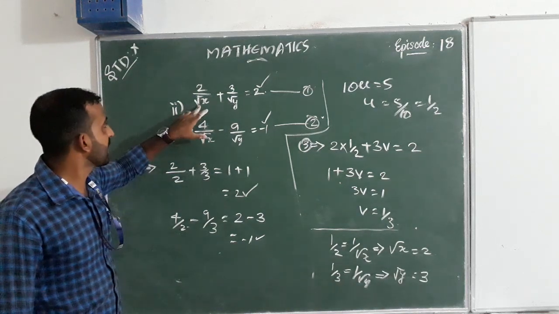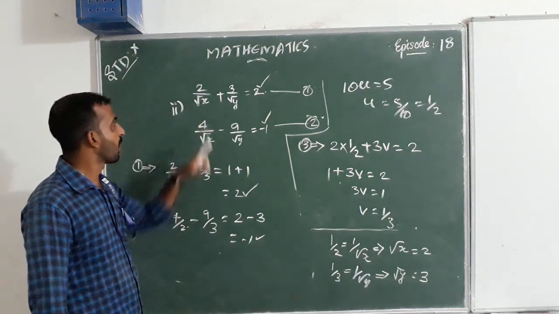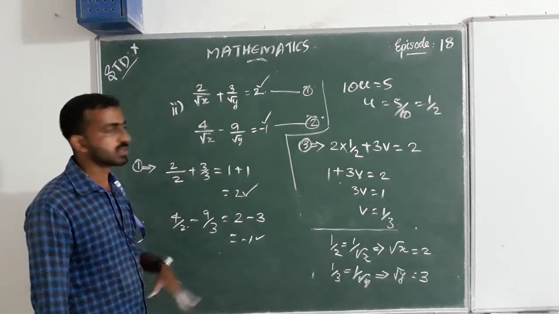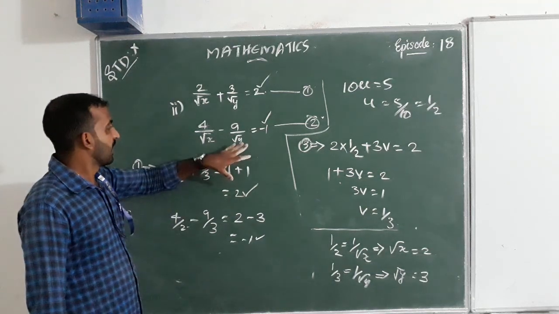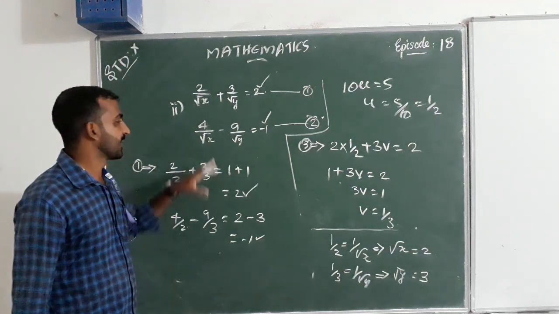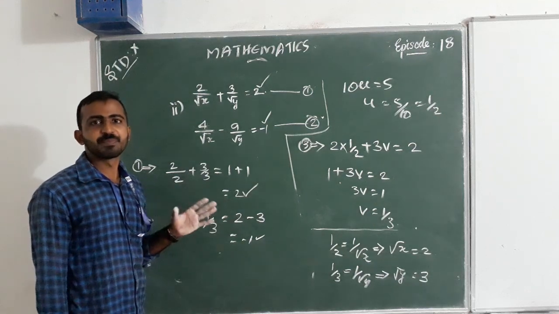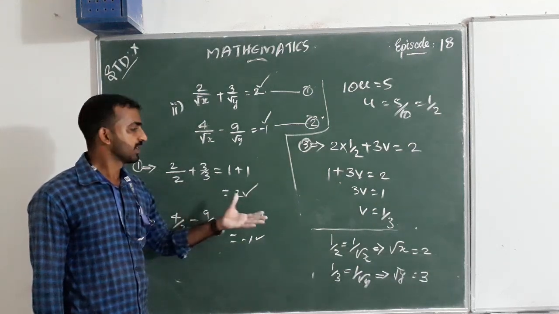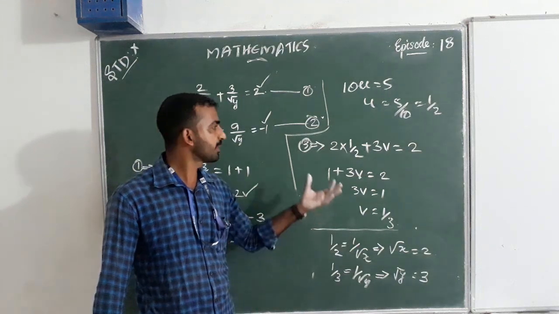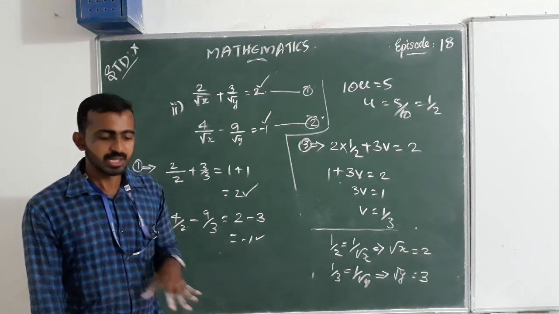Here we put 1 by root x equal to U and 1 by root y equal to V, and find the solutions. When we take it that way, we can find the answer in a simple way. So we put U and V here.